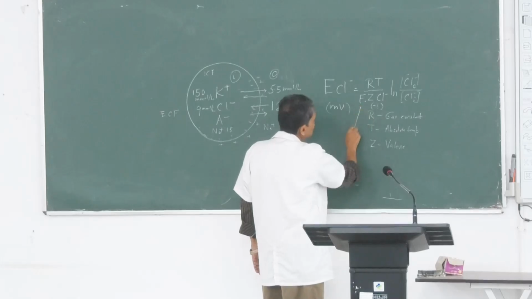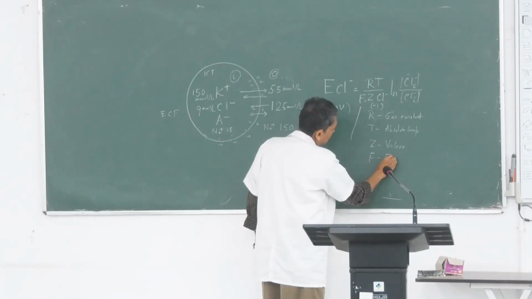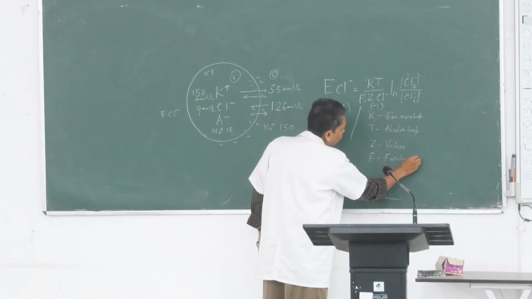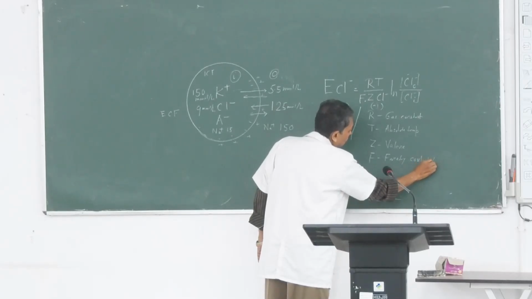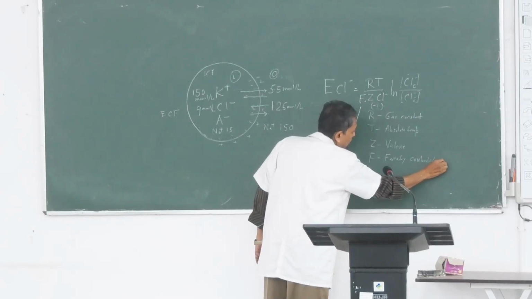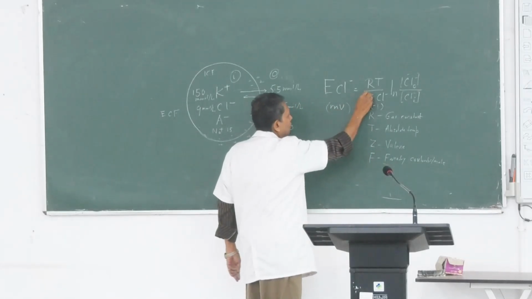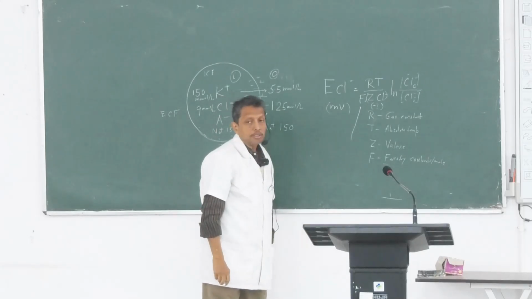And F is Faraday, that is the coulombs per mole.